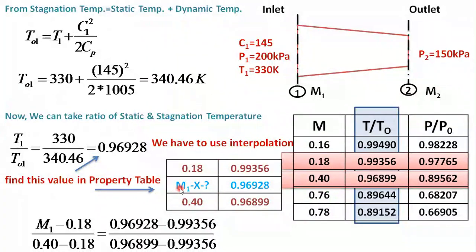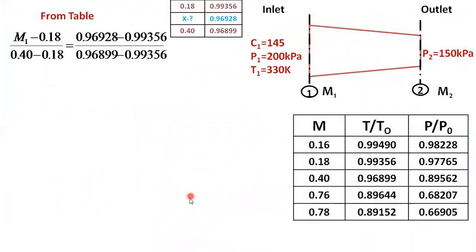We will subtract M1 minus 0.18, and in the denominator 0.4 minus 0.18. Here also, corresponding to this, 0.96928 minus 0.99356, and in the denominator 0.96899 minus 0.99356. So we will use this equation to find the Mach number.